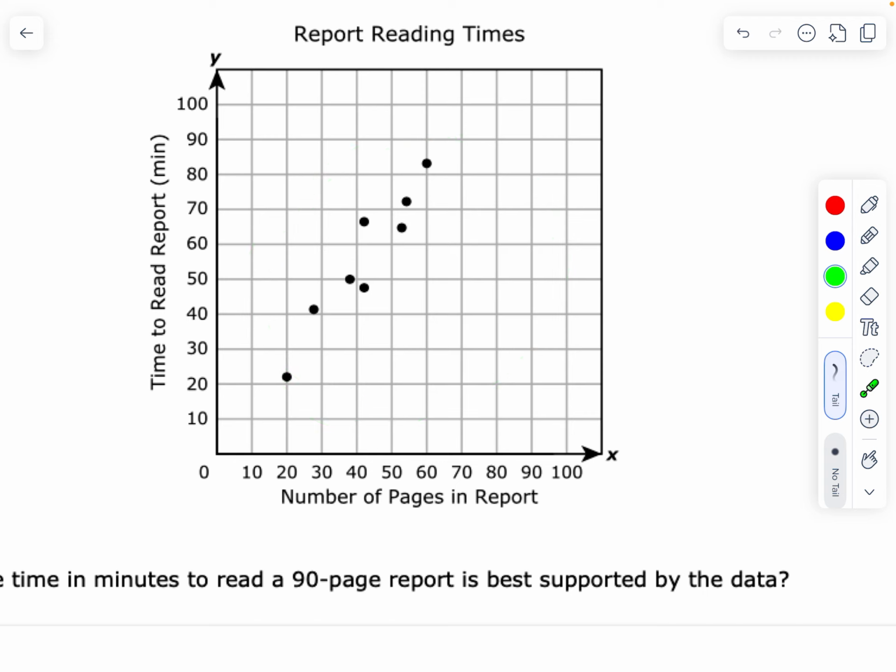If you remember, one thing we can do is draw a line that represents the best representation of these points.